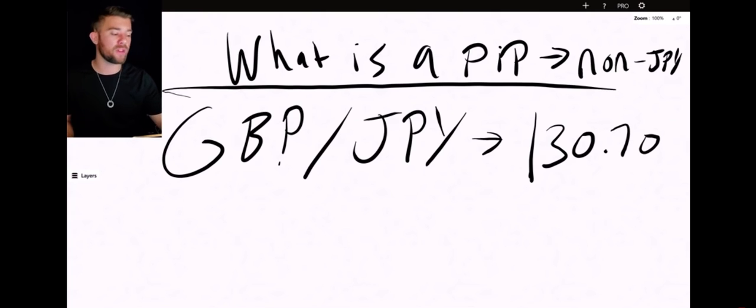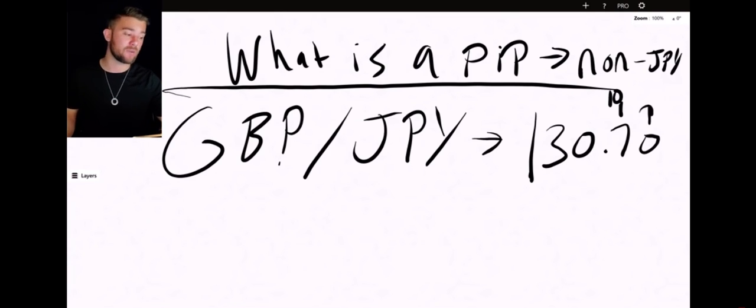So if we have 130.70, then decimal 1 would count as how many pips? This is our tens, remember? And then our second decimal, decimal 2, is going to be 1 pip. So the 0 in the 130 is going to be 100 pips.